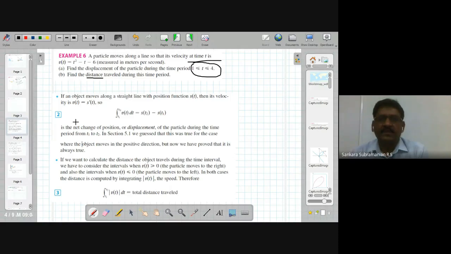So please take down the idea, right? As v is the velocity, if it is integrated, the antiderivative of the velocity will give you the displacement.